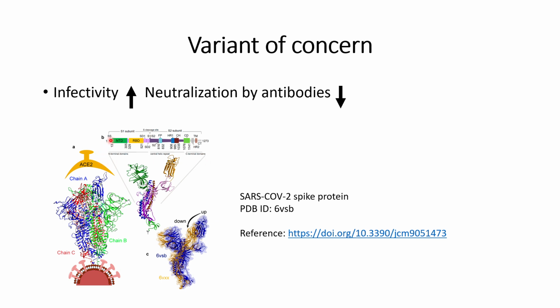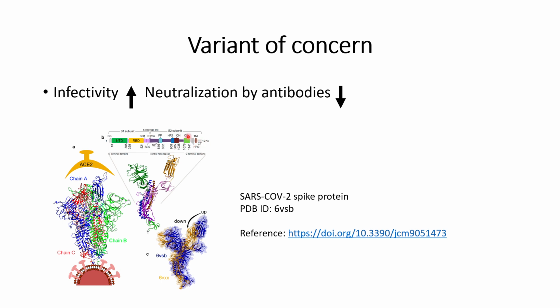It starts with the signal sequence. This is the N-terminal site and this is the C-terminal site. After that come the N-terminal domain and receptor binding domain, then subdomain 1, subdomain 2, and here is the cleavage of S1 and S2. This part is known as the S1 subunit, and the rest is known as the S2 subunit.